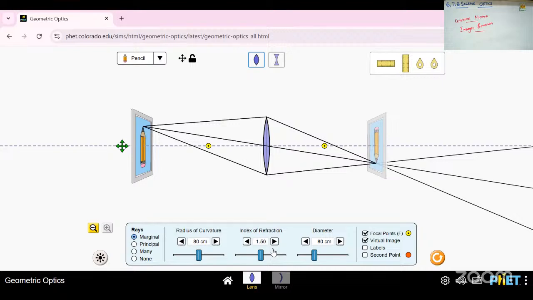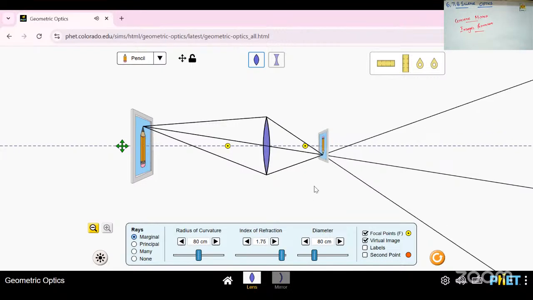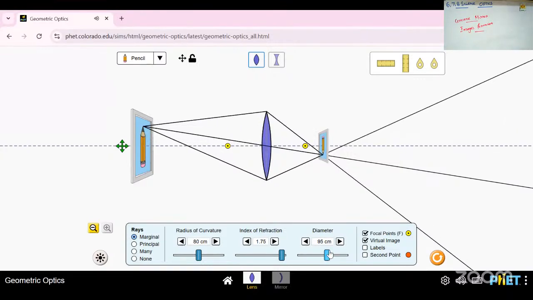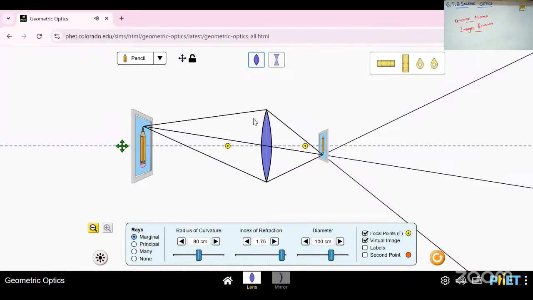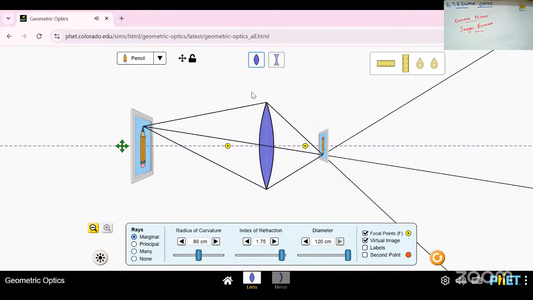And then index of refraction, I just move it. Index of refraction means here the image sizes differ, for the convex lens. And then diameter. Diameter means the size of the lens is adjusted. When I increase the diameter, the size of the lens is increased.